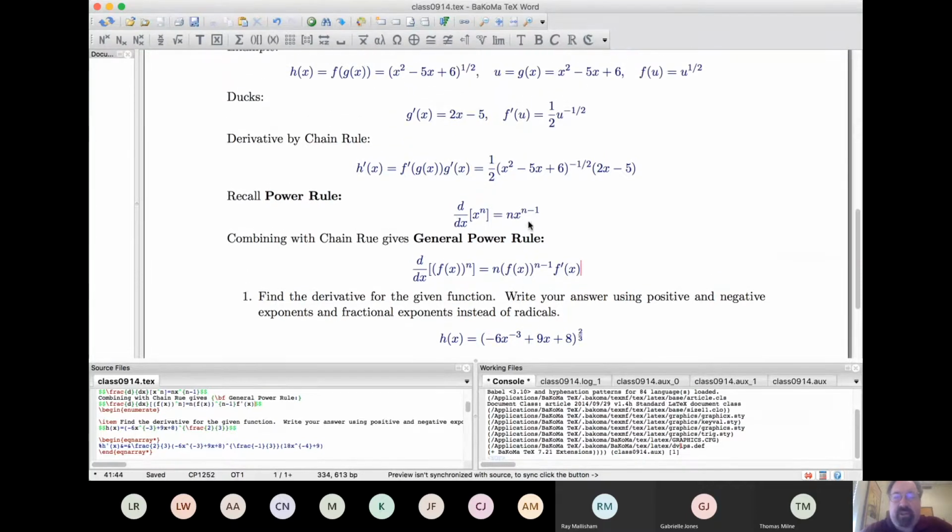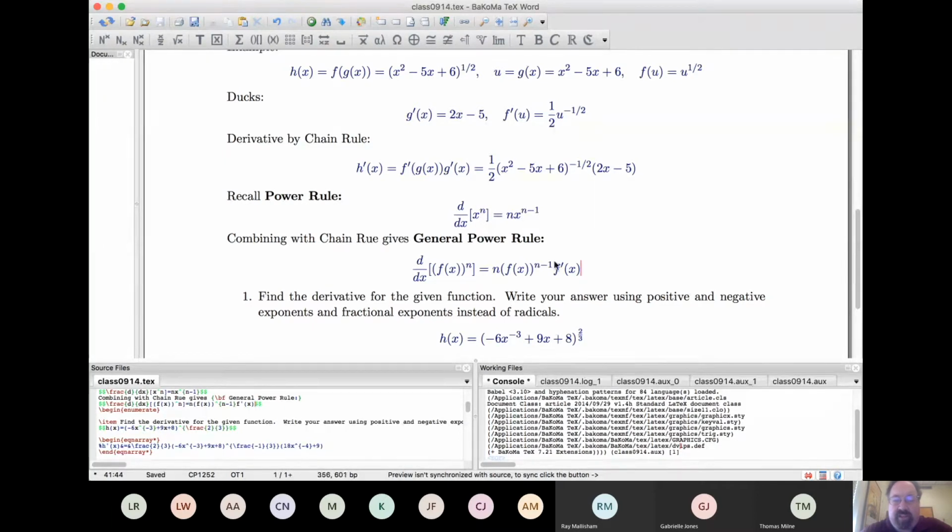And that's exactly what happened here in this example. This is actually not just a chain rule, it's an instance of the general power rule. Look at the derivative. It's 1/2 times the inner function raised to a power 1 less, so minus 1/2, times the derivative of what's being raised to that power. In fact, these two rules really are saying exactly the same thing.